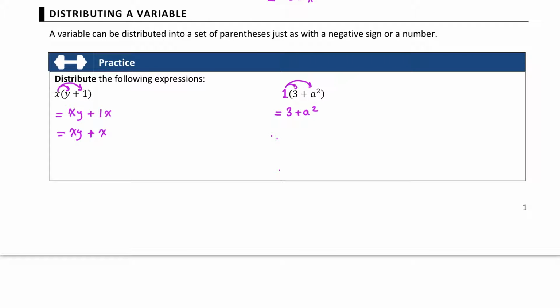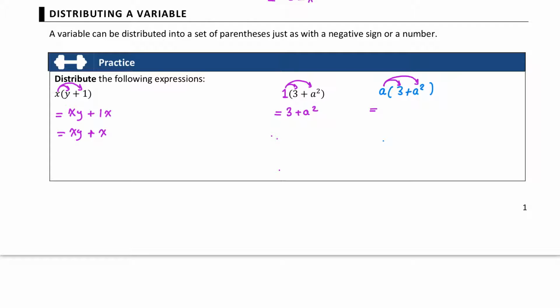Let's do one other example here, and we will do a times 3 plus a squared. And to solve this, or to simplify this, or to use the distributive property, we will multiply a by 3 and a by a squared.